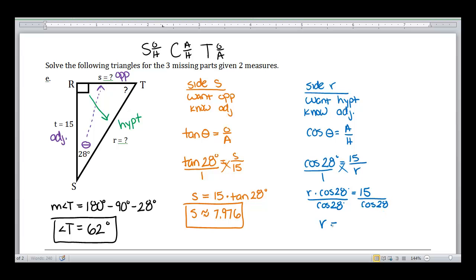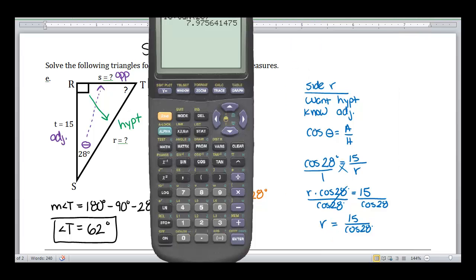So R should be 15 divided by the cosine of 28 degrees. If we put that in our calculator, I'm going to do 15 divided by cosine of 28. Looks like we're going to get about 16.989.